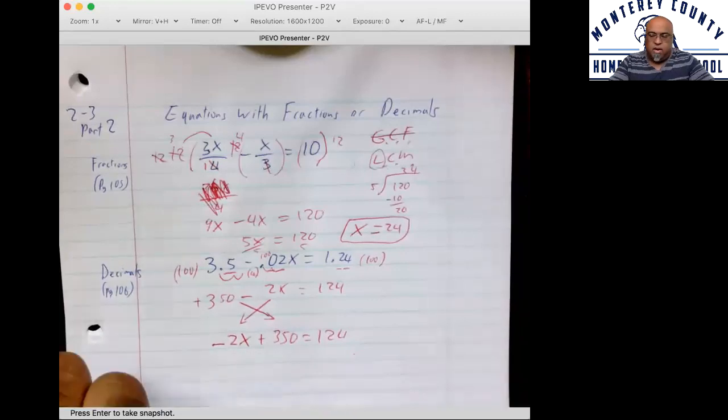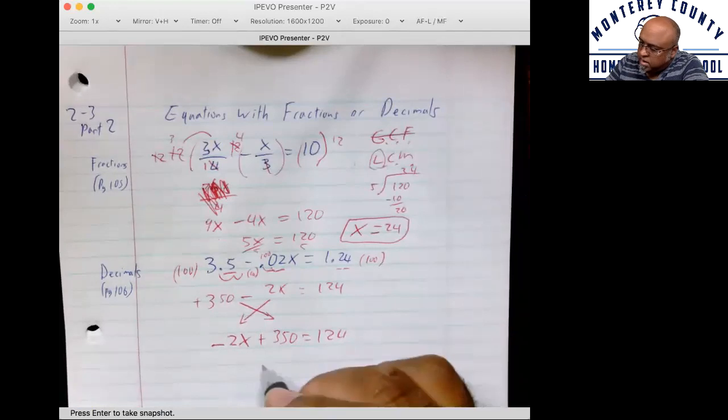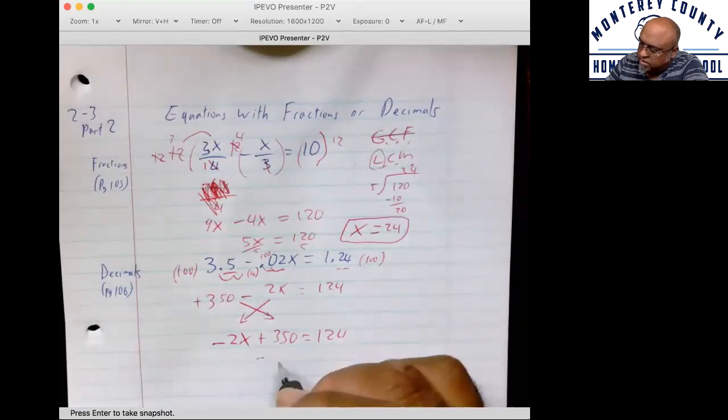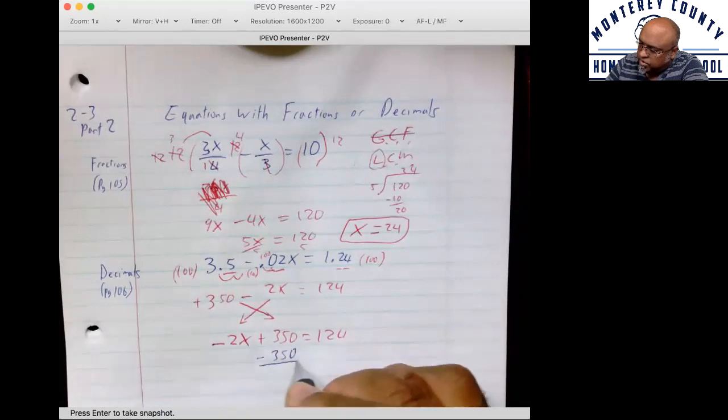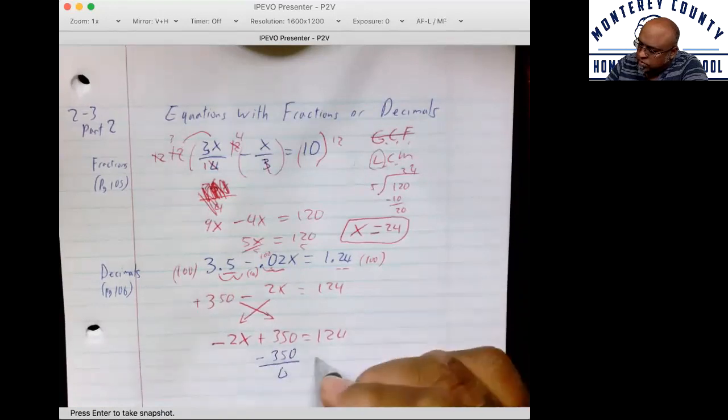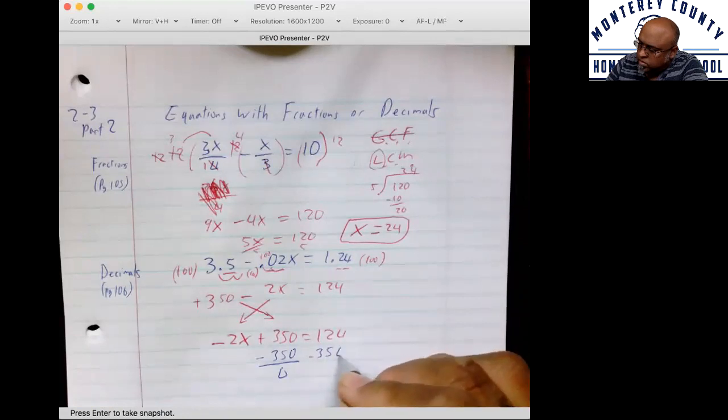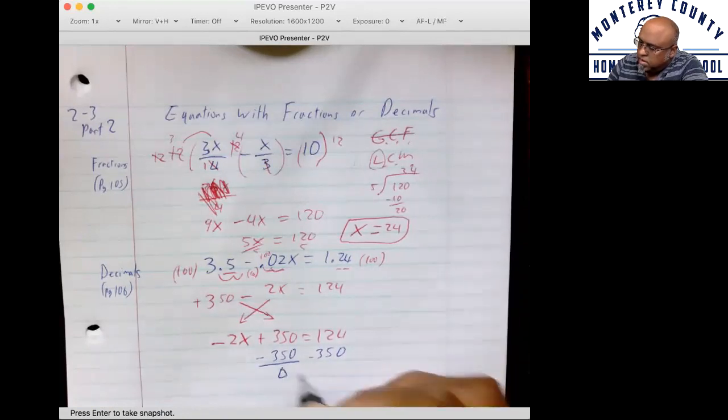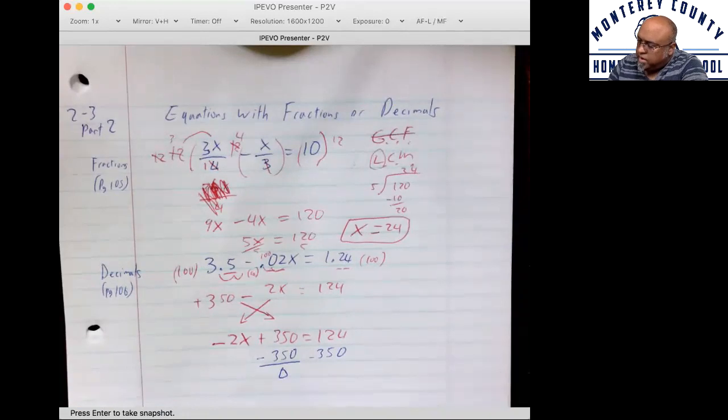Now, I know my steps. IOP, okay? Isolate by opposite operation, plus and minus first, in order to simplify.